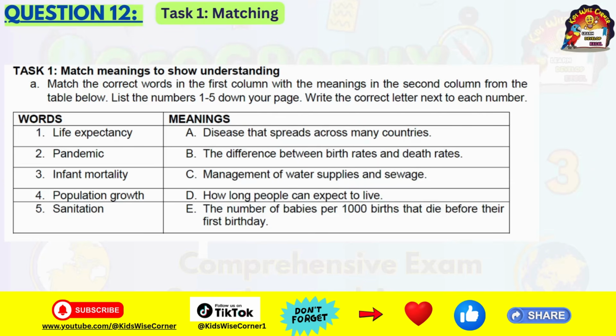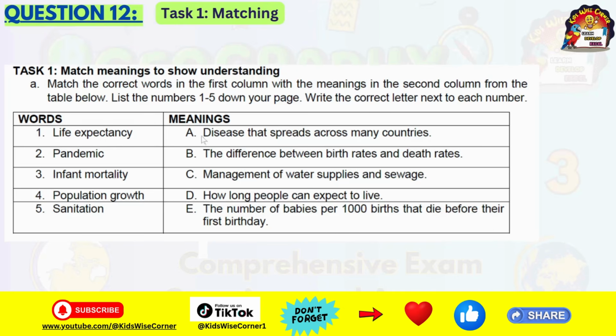Question 12, Task 1, Matching. Match meanings to show understanding. Match the correct words in the first column with the meanings in the second column from the table below. The words, number 1 is life expectancy, 2 pandemic, 3 infant mortality, 4 population growth, 5 sanitation.